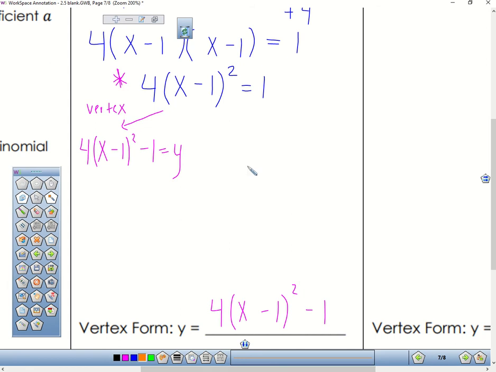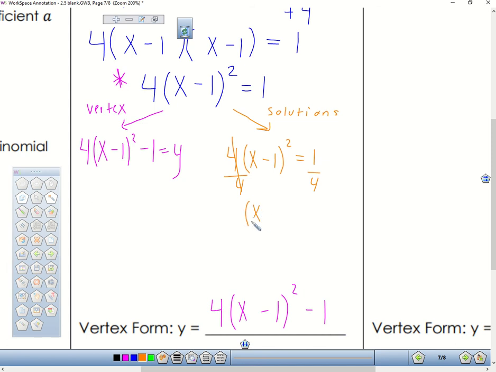So from here, we're going to go ahead and find solutions over here. That one's going to take a few more steps. So when I go to find solutions, I'm going to rewrite my equation. And then your goal when you find solutions is to get the squared binomial by itself. So how can I get rid of this 4 over here? Divide.